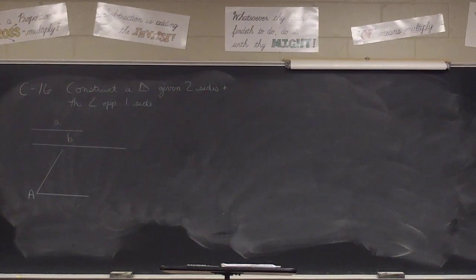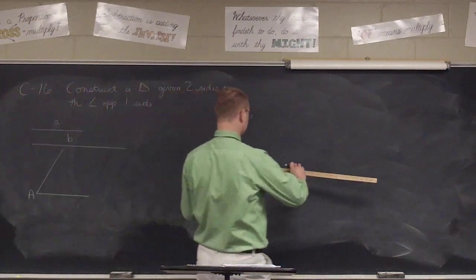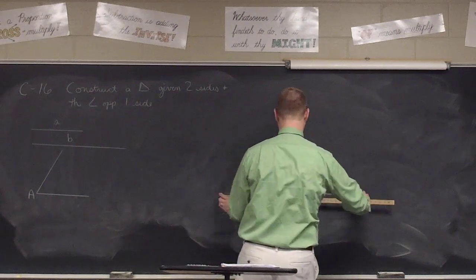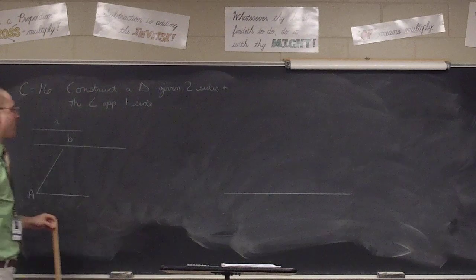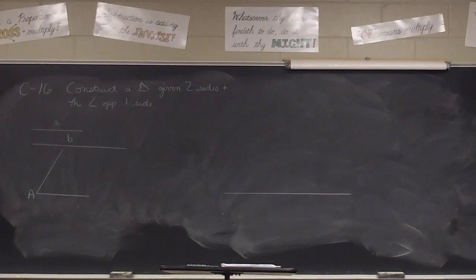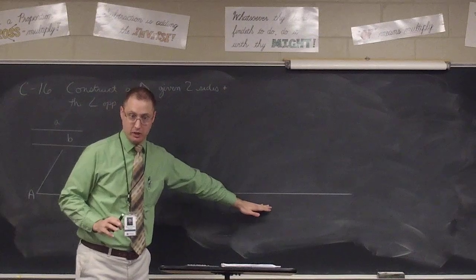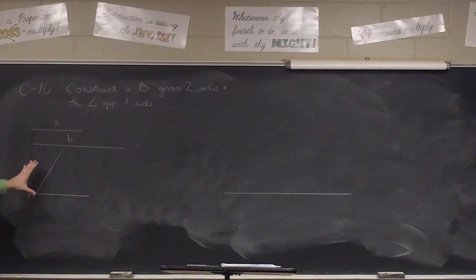Step number one, as you go to the bottom of the page, is to draw a big long line. Now, I'm actually not going to put either A or B on this line. I'm going to start with the angle so that the sides end up opposite.